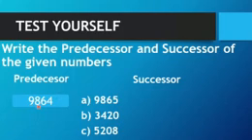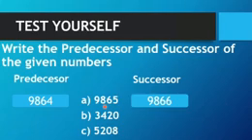Now, let's see the number which will be coming after 9,865. Yes, that means the successor of this number. Let's see the successor. 9,866. Well done.